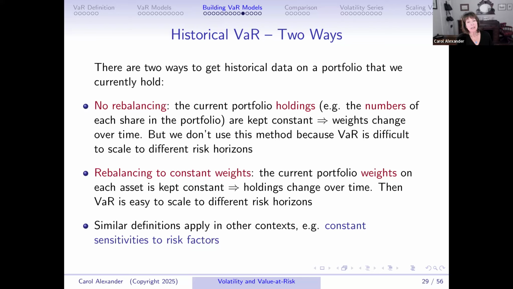However, if we want to drill down to how much risk is due to Tesla's stock, we need to use the constant weights assumption, because we'll be looking at the portfolio return, which is a linear combination of the weighted sum of the asset returns.